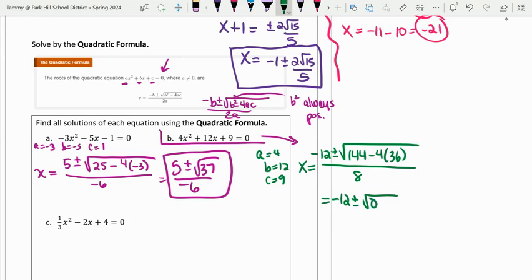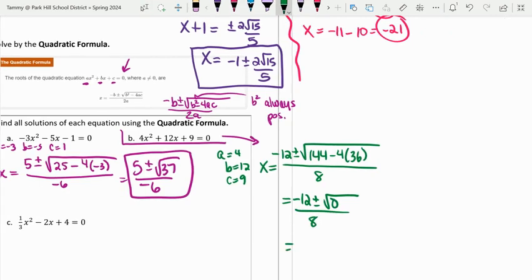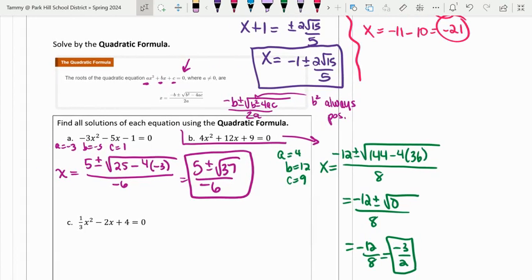So the square root of 0 over 8. This one we can simplify. Negative 12 plus or minus 0 is just negative 12 over 8. Divide those by 4, so negative 3 over 2, and that is my one solution. It's considered a double root, but it is one answer.